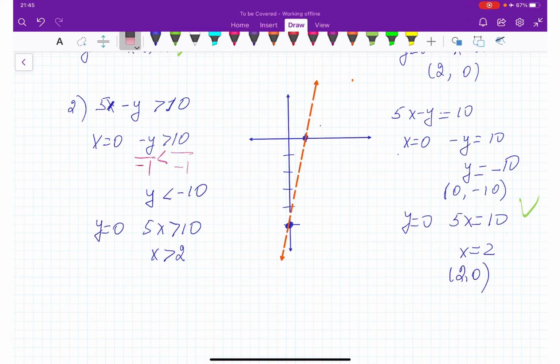So here we have y less than negative 10 and x greater than 2. Less than negative 10 is coming this way, and greater than 2 is coming this way, which means the entire area is going to be shaded in this direction, like that.